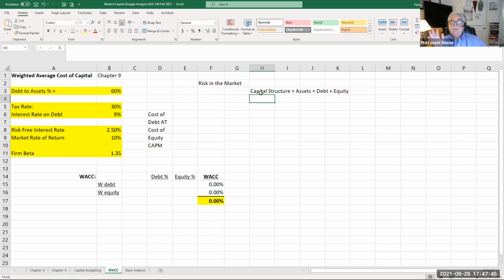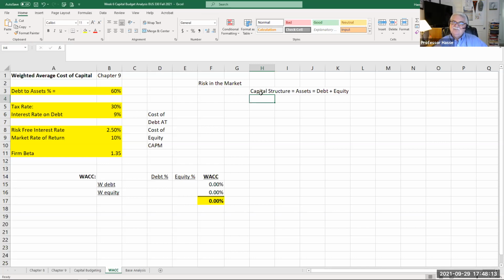Most of the population in America has very little equity. 1% of America are rich. The rest of us, we just get enough to get by, including yours truly. So our capital structure, the way we get assets, is mainly driven by loans, car loans, mortgages, credit cards, that kind of stuff. We have very little equity.